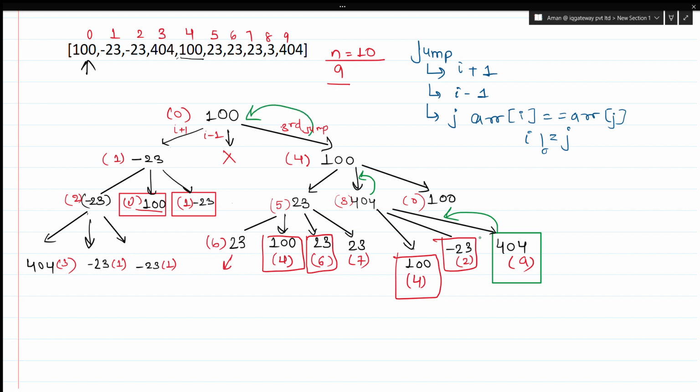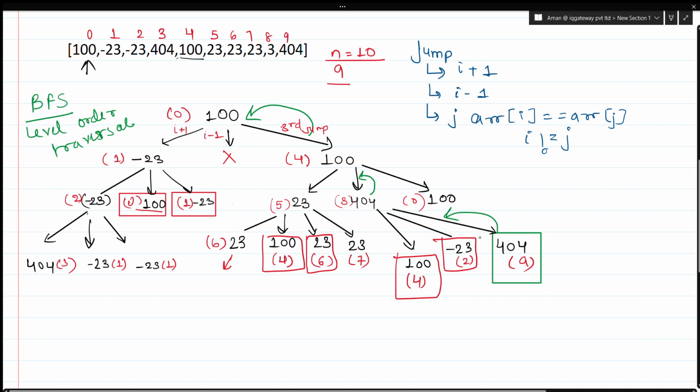Are you understanding? And what is this? If you solved any tree problems, this is nothing but BFS, breadth first search, or we can say level order traversal. We are traversing level by level.